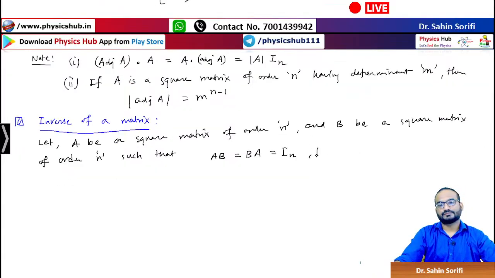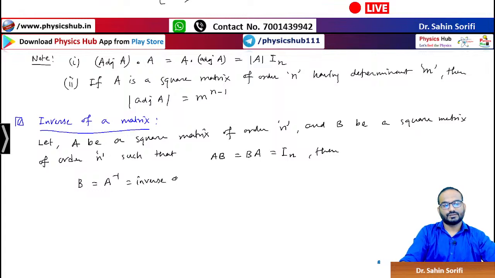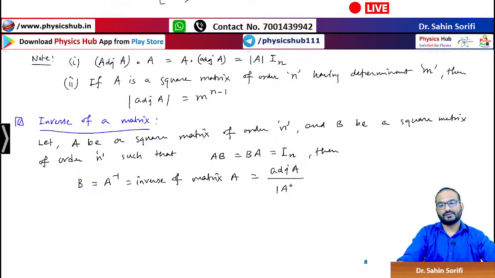Then this B is equal to A inverse, the inverse of matrix A, and it is defined by adjoint of A divided by modulus of A. Now you see, if the modulus of A, meaning the determinant of A, becomes 0, then it will be undefined.